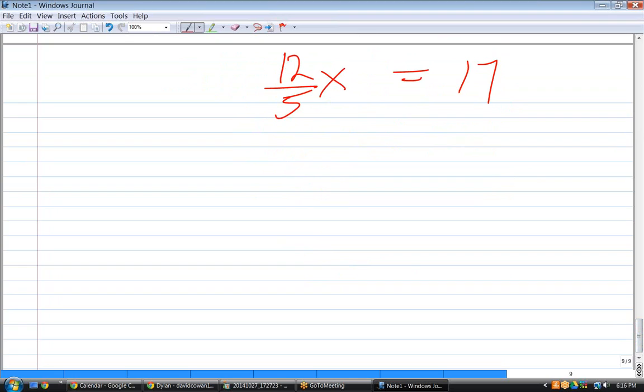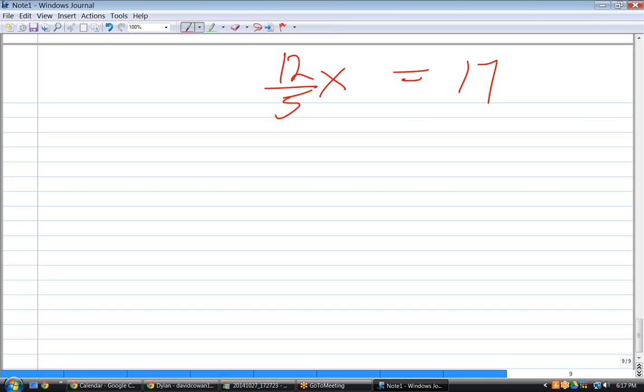I don't particularly like that way of doing it. Let me help you here. We've got multiplication and division going on over here. So I could do it in 2 steps by multiplying both by 5 and then dividing both by 12. But I'm going to do that in 1 step, and that's what you were attempting to do.